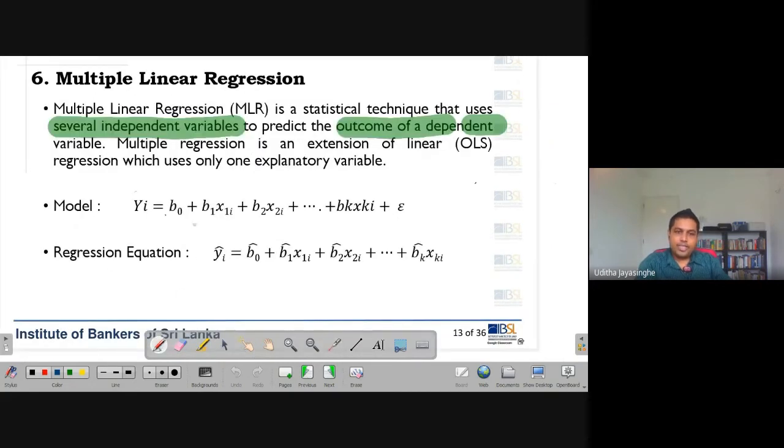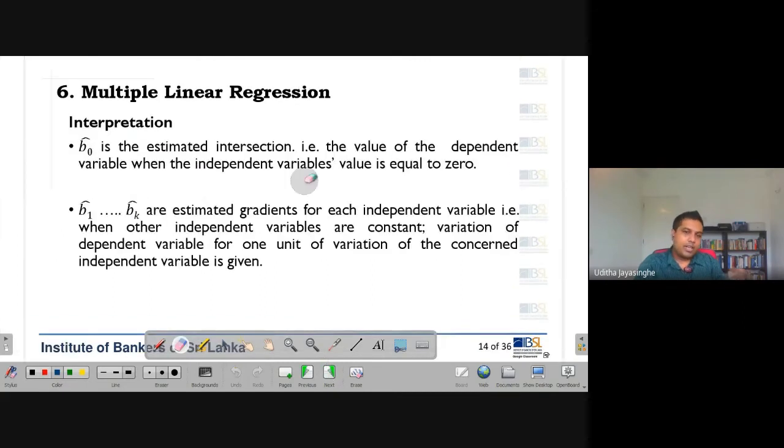That means when x1 is equal to 0, x2 is equal to 0, xk is equal to 0, then all these terms will be taken off, since 0 multiplied by a variable is 0. Now this is left with b0, which is the value for the y variable in a case where all the other independent variables take the value of 0.